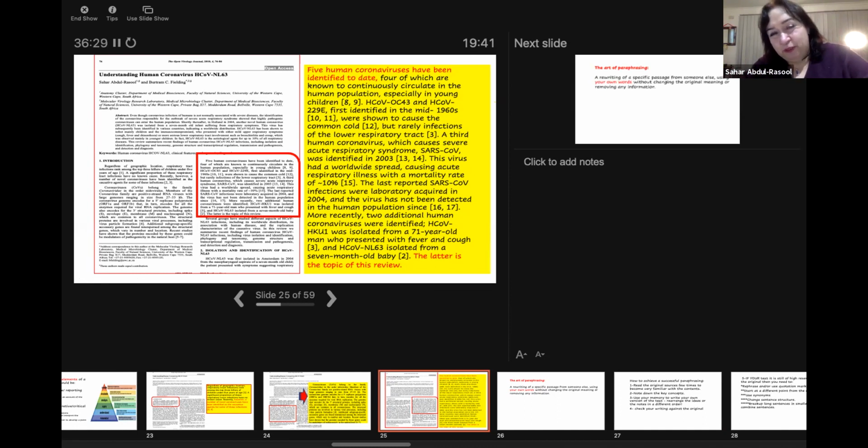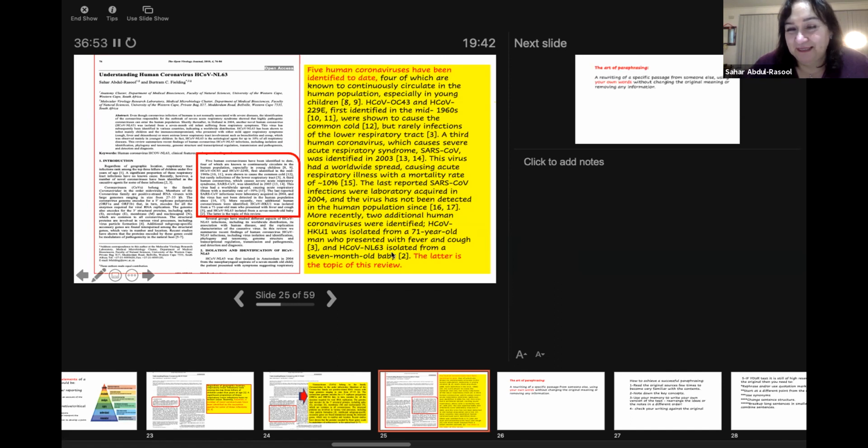And if you read through it, that is the body of the text, which is marked in black color. That part is explaining what the 5 types of coronaviruses are. And then we ended with the human coronavirus NL63.